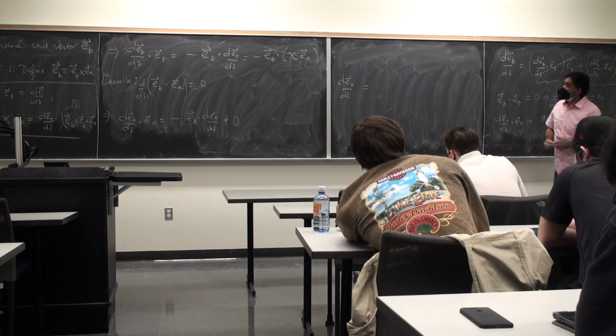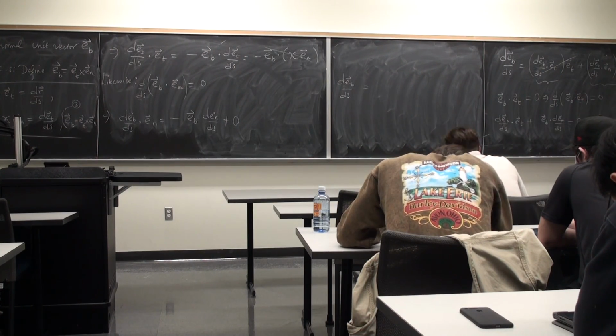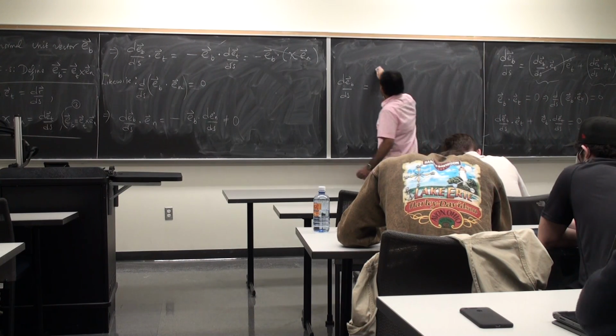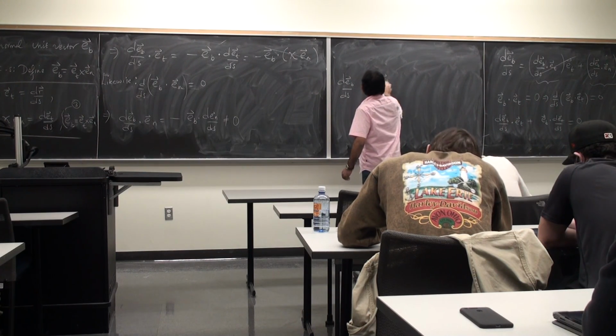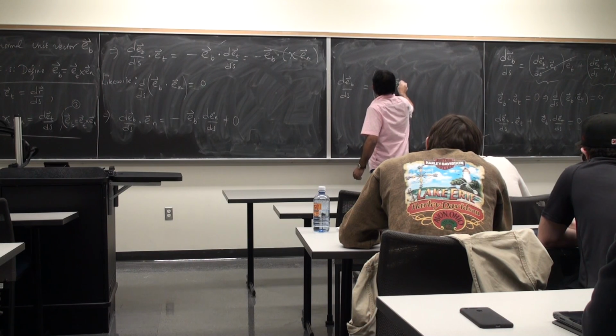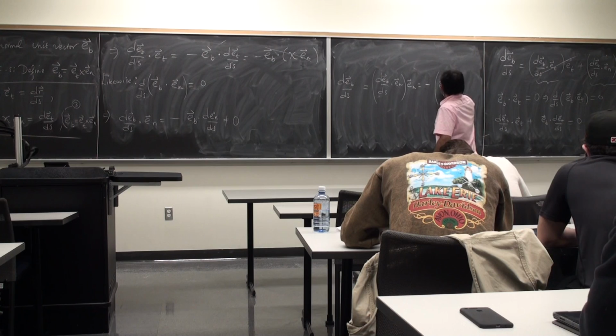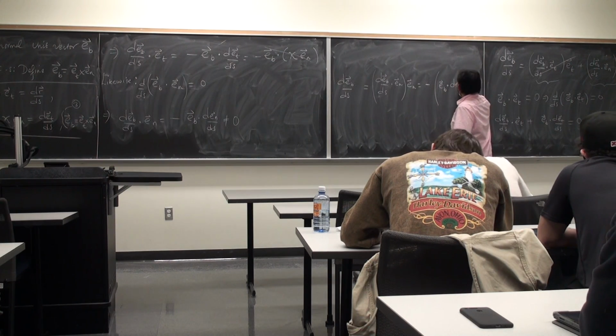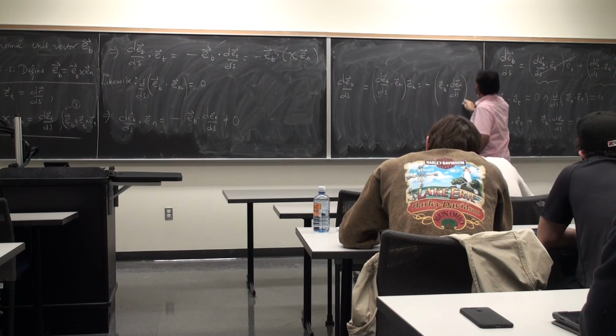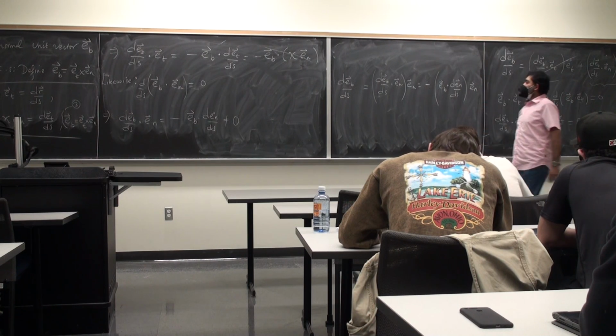So dEb by ds is essentially this term here, En, or minus dB dot En.